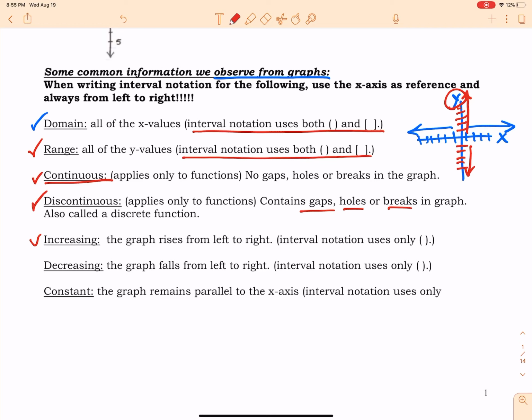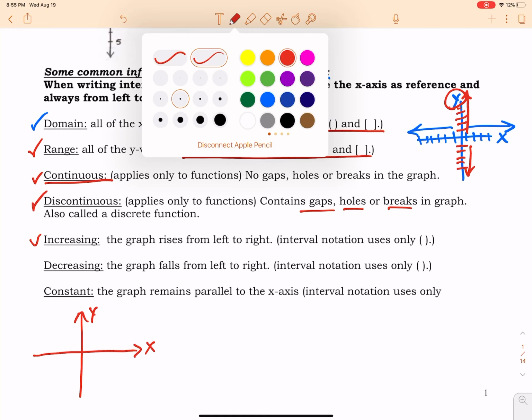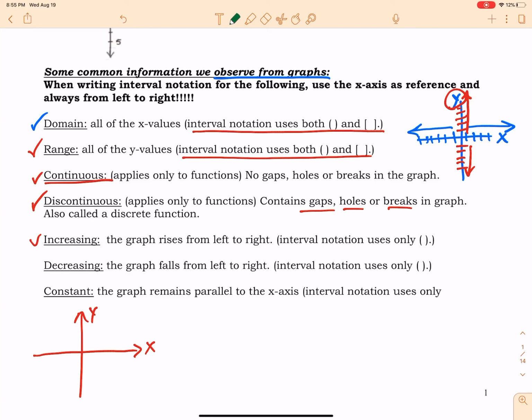the graph. So as you're looking at a graph, let's say I've got my XY coordinate plane here, and I'm just going to draw something silly. All right, so when you're looking at this, notice that it's increasing. We read it left to right.